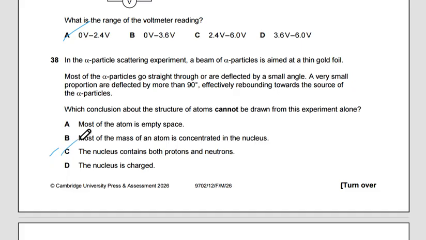This is the correct answer because we didn't know what exactly is inside the nucleus. We just know that there is positive charge concentrated in the nucleus. Okay, so the other is also known from the experiment, and only C wasn't yet known.